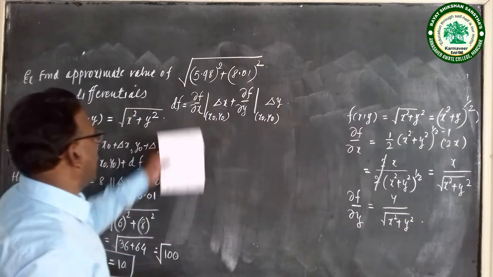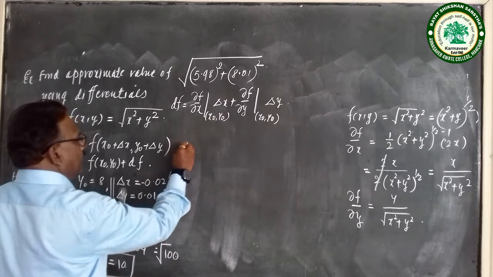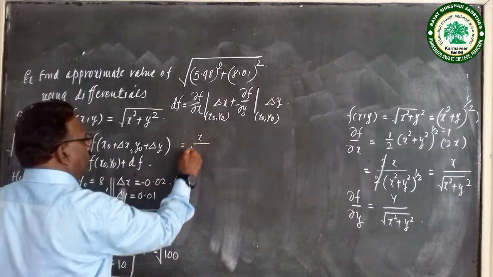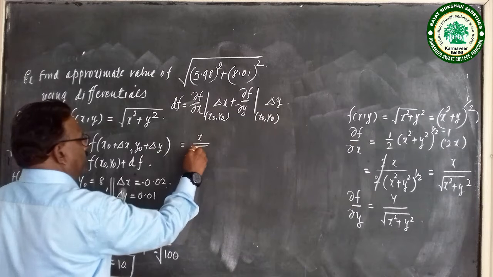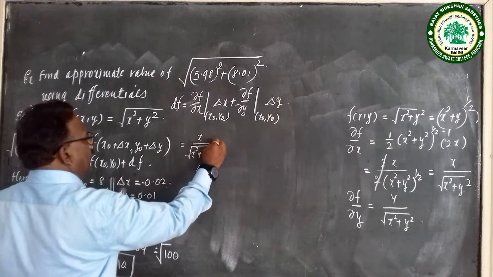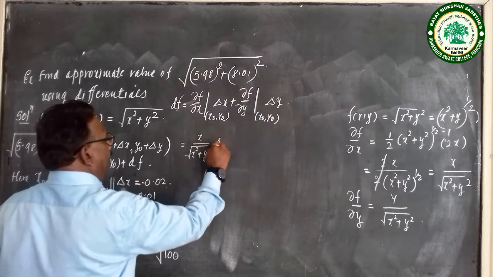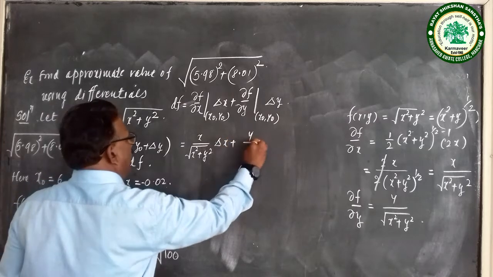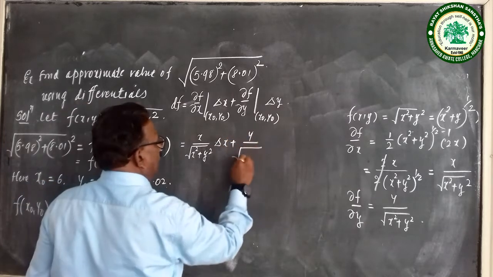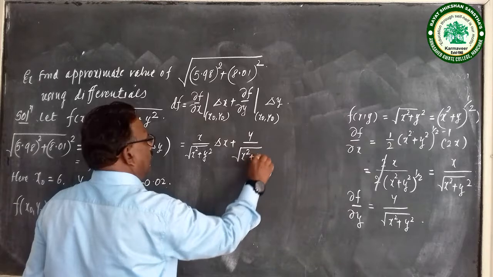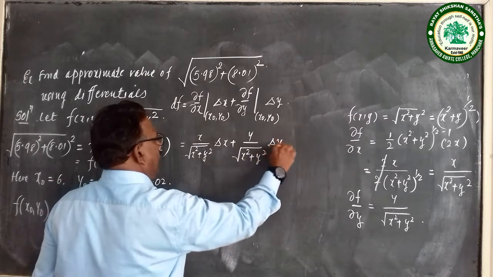Putting these values, df is equal to x upon root of x² + y² into Δx plus y upon root of x² + y² into Δy.